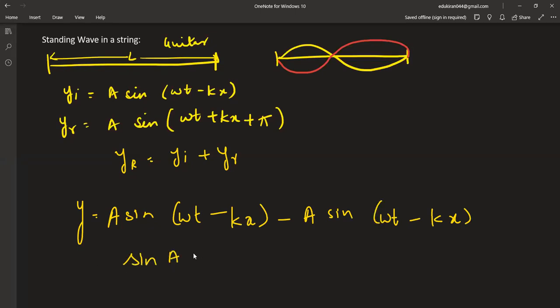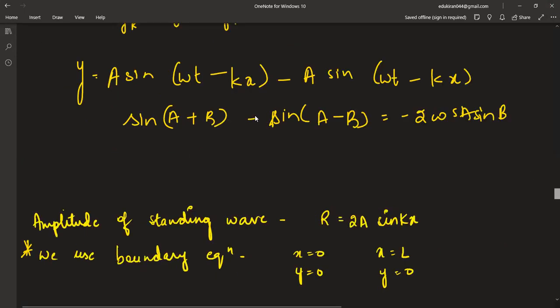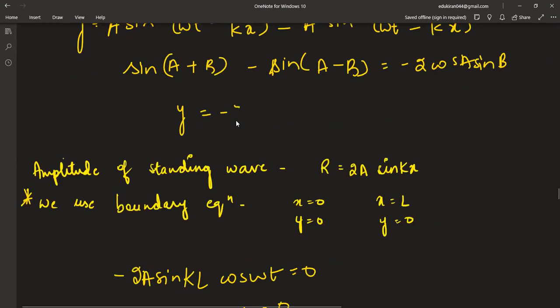So when you use this identity, sine A plus B minus sine A minus B, this is equal to minus 2 cos A sine B. So if we substitute this in our equation, y will be equal to minus 2A cos omega t sine kx.